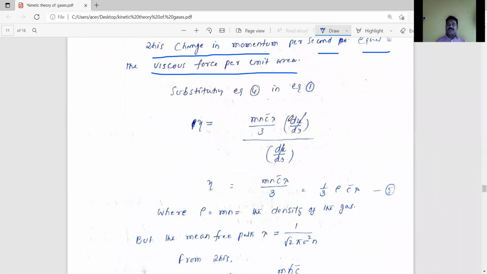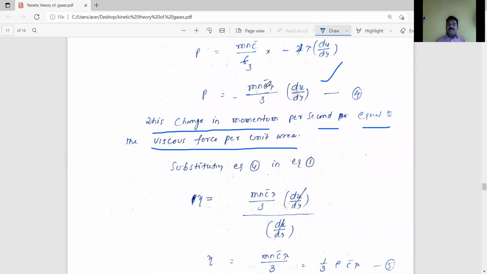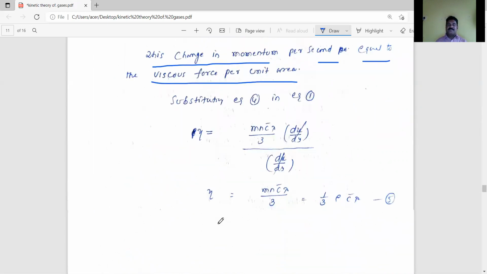If you substitute that, eta equal to, what is the net momentum here? Minus m n c bar lambda by 3 into du by dy, by whole du by dy. Here we have a minus, and already in the eta equation you have a minus. Minus into minus is plus.